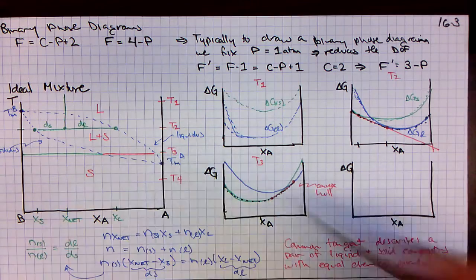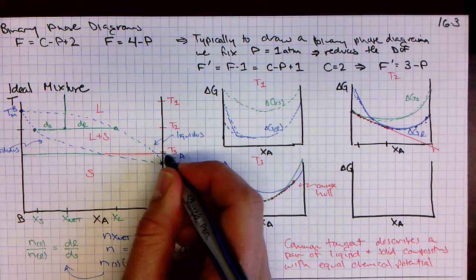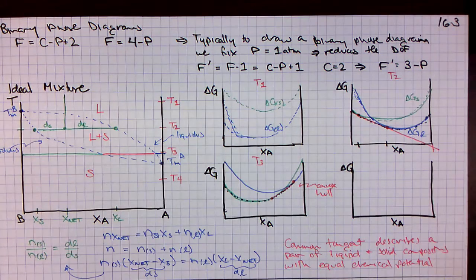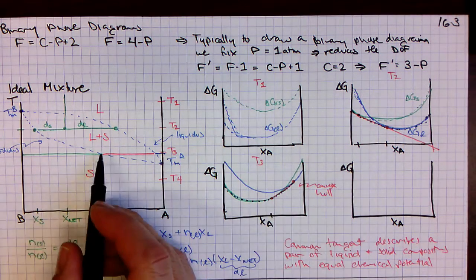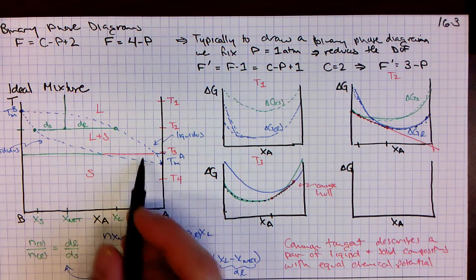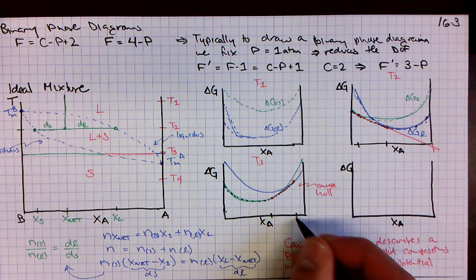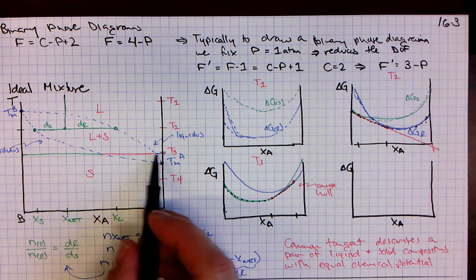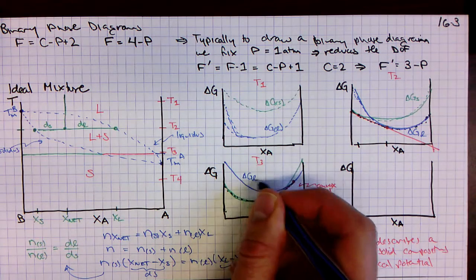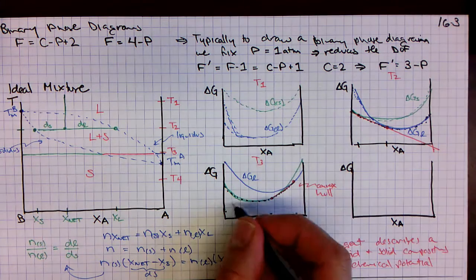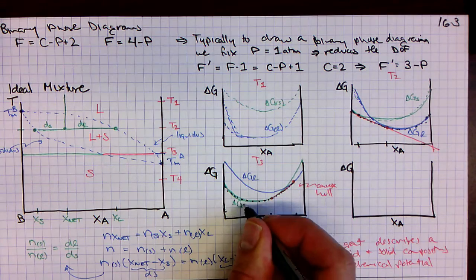And then from here to here, we're on the blue curve. And so that denotes the composition at which we start having solid-liquid coexistence and the composition at which we start having fully liquid. So this is our delta GL, and this is our delta GS.